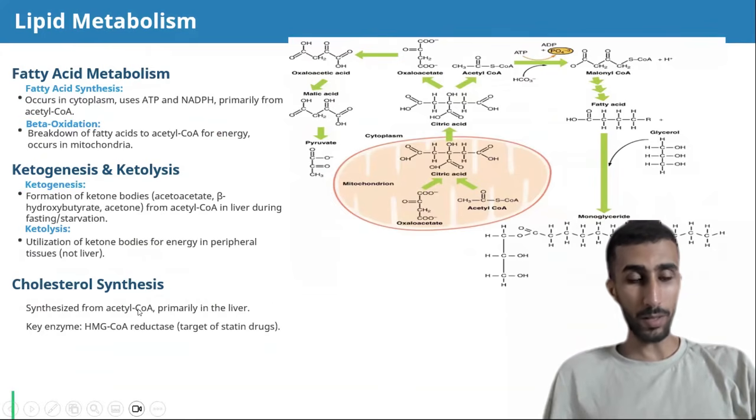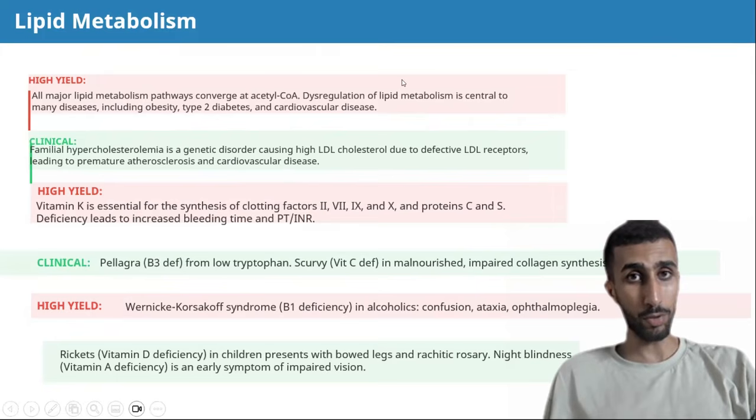Cholesterol synthesis also starts with acetyl CoA, going through HMG-CoA reductase to mevalonate. So acetyl CoA is a central pivot for lipid metabolism, and regulation of lipid metabolism is central to many diseases and can lead to obesity, type 2 diabetes, and cardiovascular disease. So it is a very important factor.